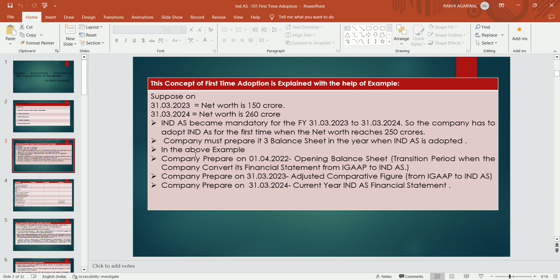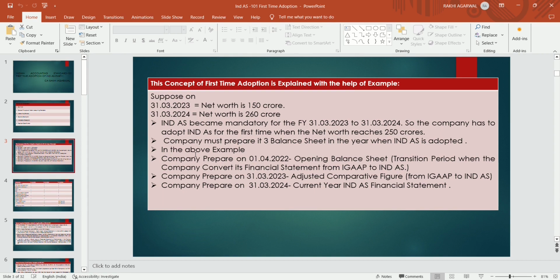Let us discuss this first time adoption explanation with the help of an example. Suppose on 31st March 2023, the net worth of an entity is 150 crores. But on 31st March 24, it becomes 260 crores. So it exceeds 250 crores.